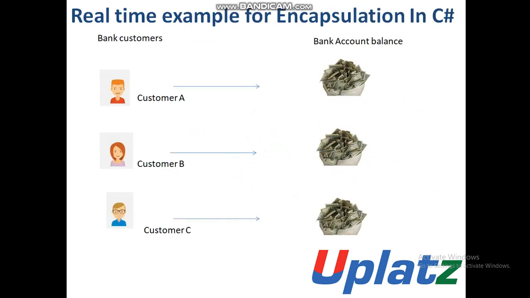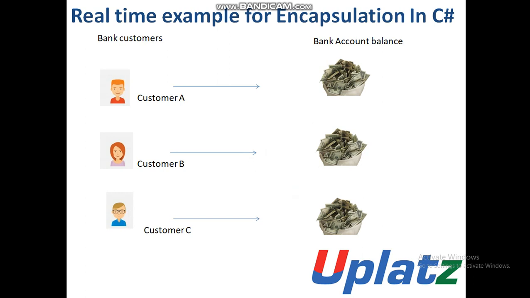One demo I would like to discuss here. In order to explain the demo, I need to discuss this scenario. In a bank, there are three customers named A, B, and C. On the right side it shows the account balance of A, B, and C. A needs to see the balance in his account, right?